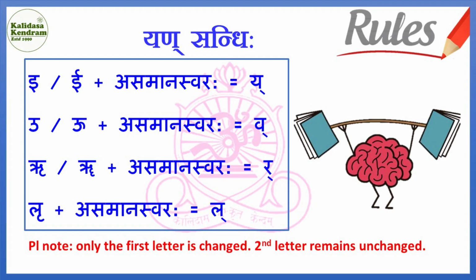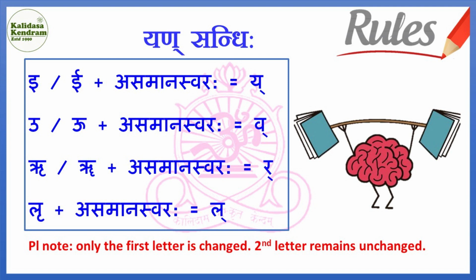The first word should end with either I or Ee, plus asamana swaraha, that is any vowel except the same. What is there in the previous word means that except I and Ee, any vowel.